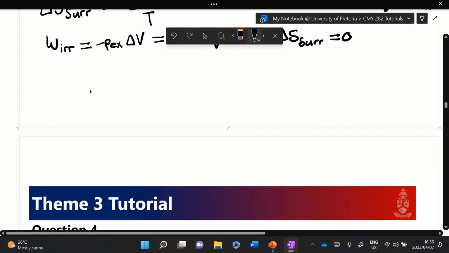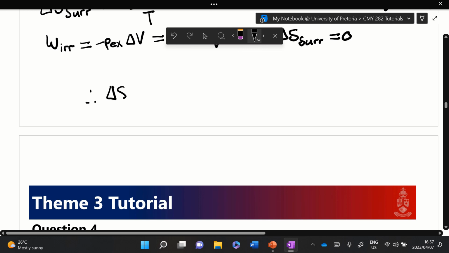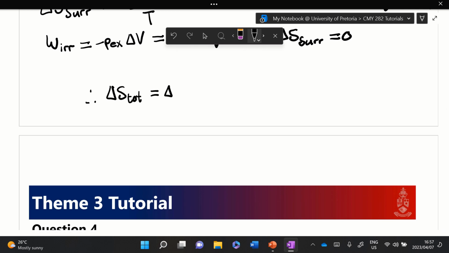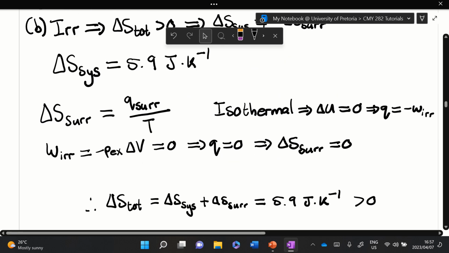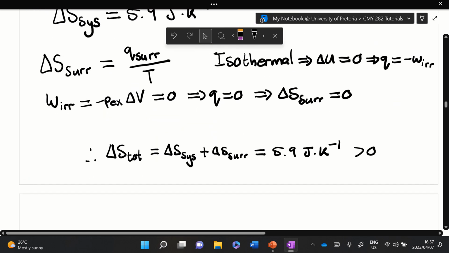And then finally, combining these two facts, it's just equal to the 5.9 joule per Kelvin, which is larger than 0, as we would expect for an irreversible process.